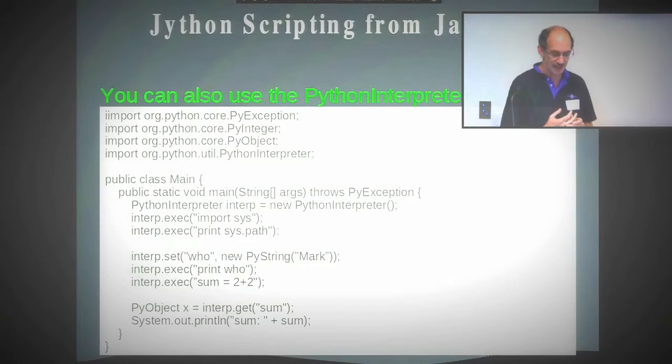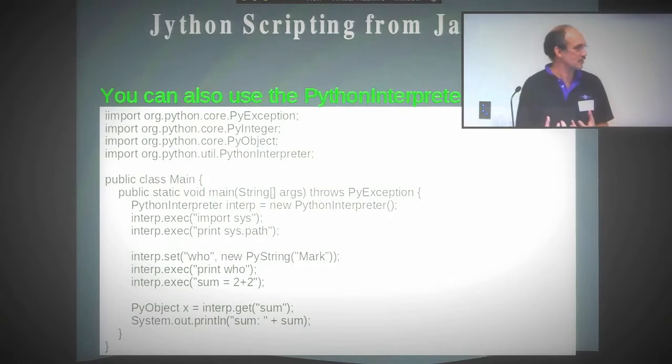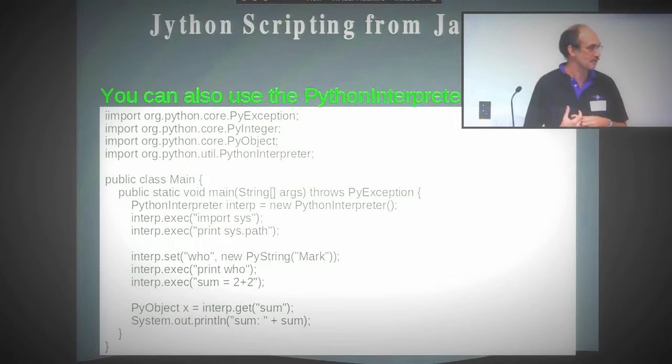This is a bit of a contrived example that I've got here. The other thing, which is how we are starting to use it, is we tend to have our Python as scripts, and we've got a workflow engine, and we're scripting the setting up of all the components of the workflow engine with a Jython script, rather than writing it all in Java.